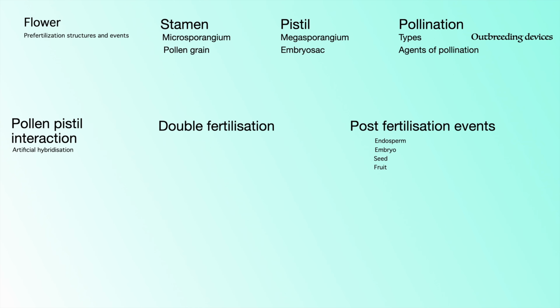The ovule is covered by the integuments. These integuments form the hard seed coat which covers the seed, and the micropylar end of the ovule is present as a small opening in the seed coat. Through this opening, oxygen and water enter during germination of the seed.